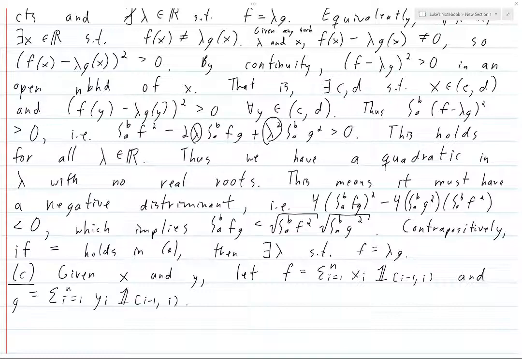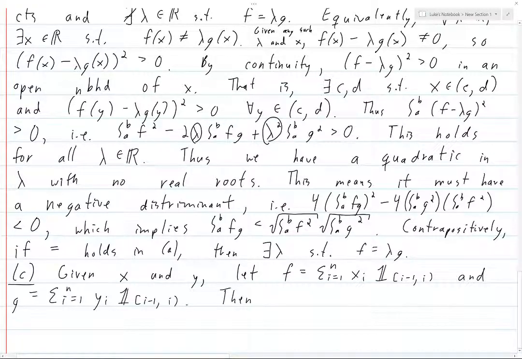So evaluated at 1/2, it will be 1. At -1, it will be 0. At 2, it will be 0, and so on. So what this function f does is, on the interval from 0 to 1, it takes the value x1. On the interval from 1 to 2, it takes the value x2, etc.